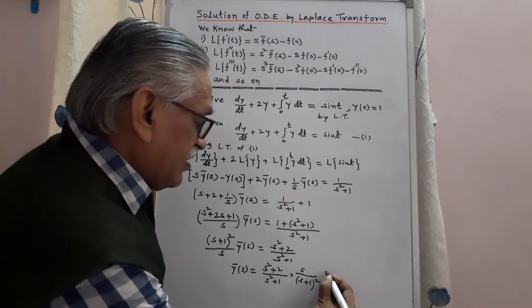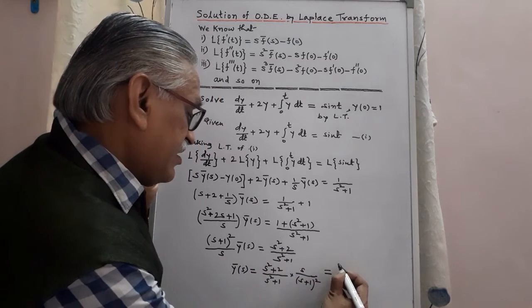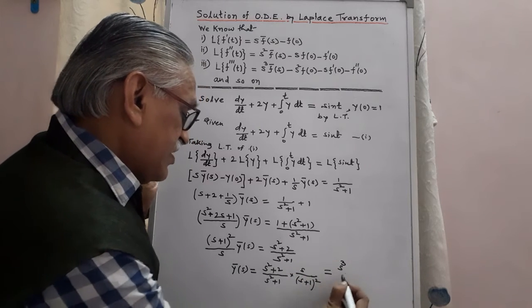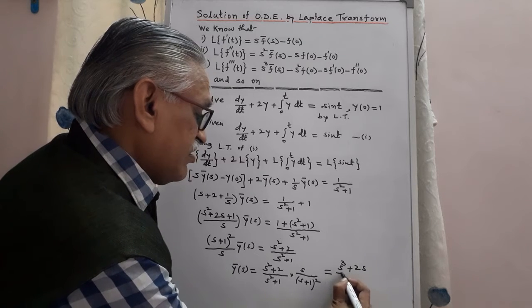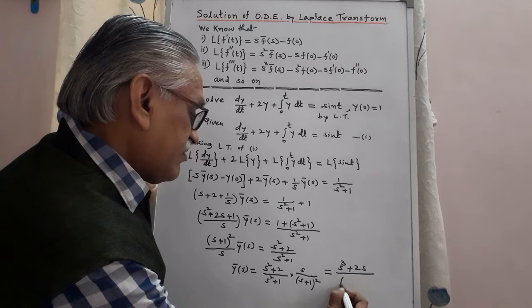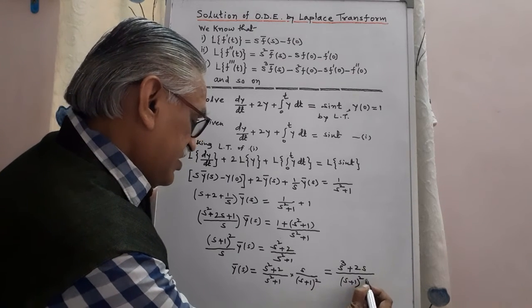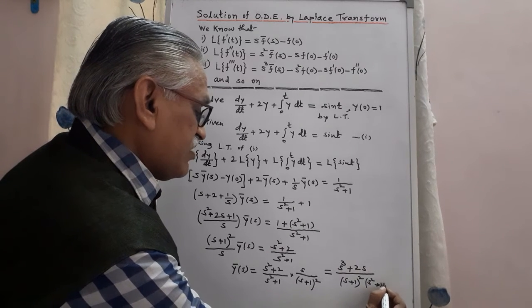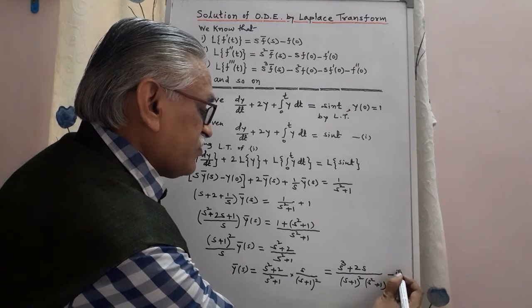And if you rewrite this by multiplying inside, it is s cube plus 2s divided by s plus 1 bracket square into s square plus 1. We call this equation 2.